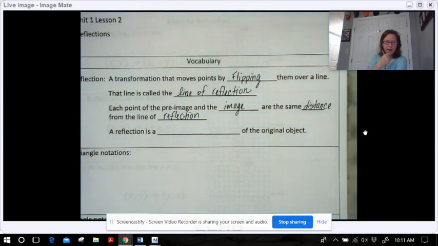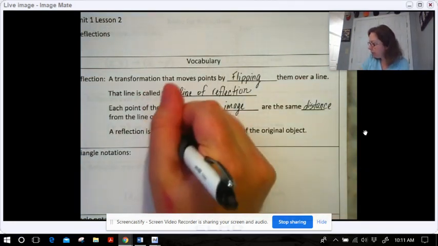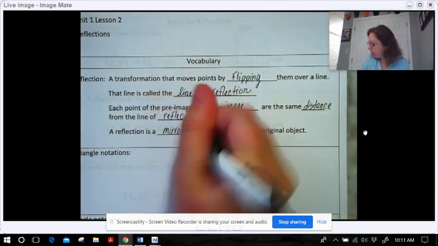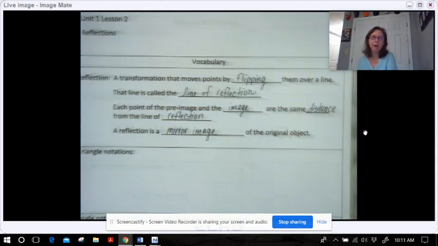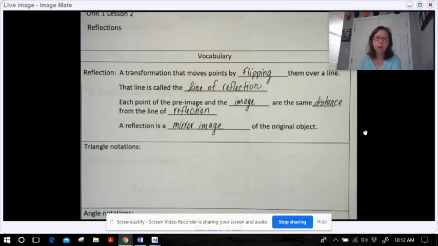Okay. And then a reflection is a mirror image of the original object. Alrighty. So those are just kind of some quick notes on reflections.